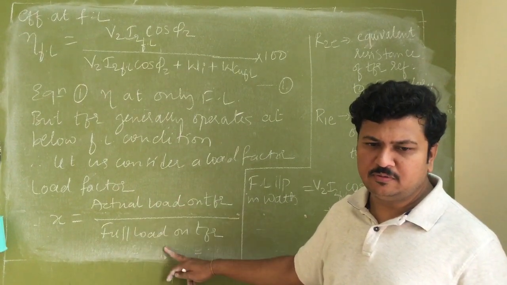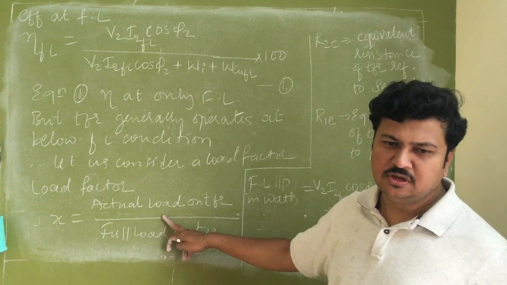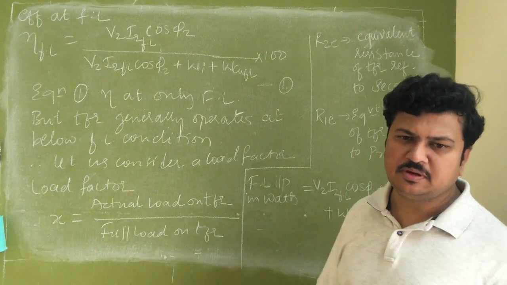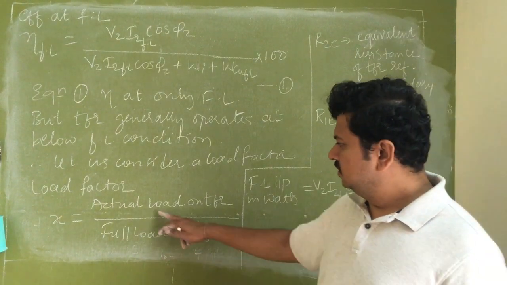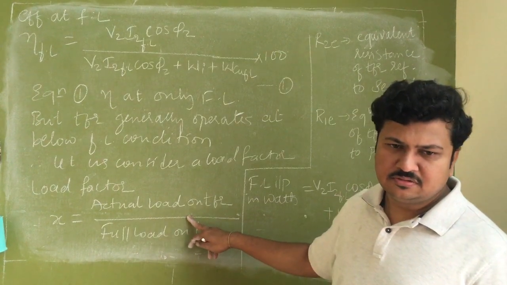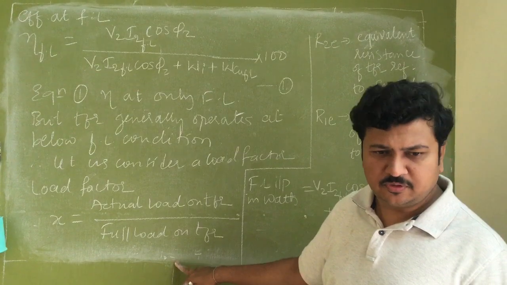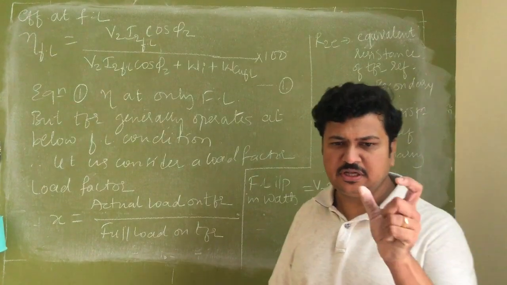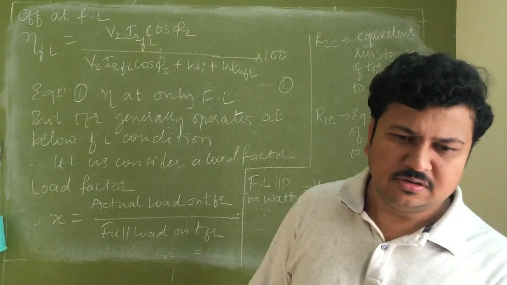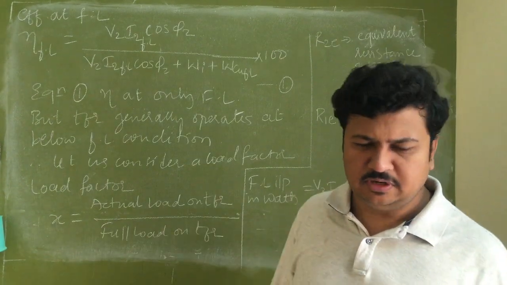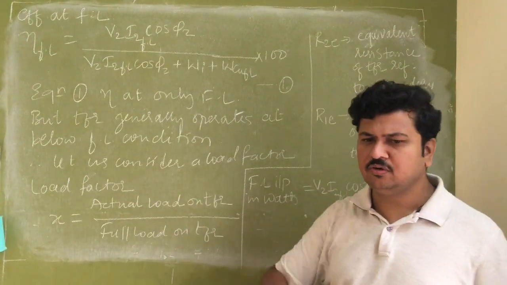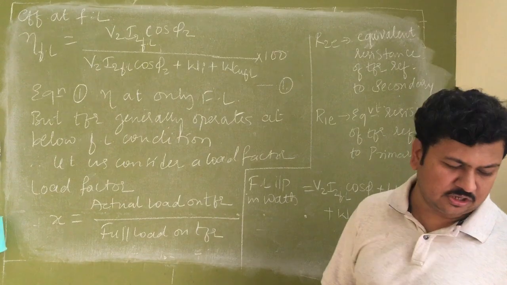Full load by full load will cancel, X equals 0.6. So X is a fractional value, a decimal number. For 70% of full load condition, 0.7 into full load by full load, it is 0.7. Whatever the percentage of full load is mentioned, that is the value of X. When we solve the examples, we will get to know in a clearer way.